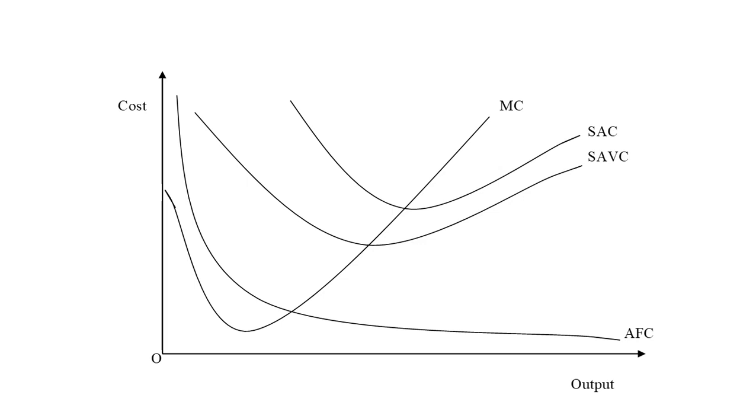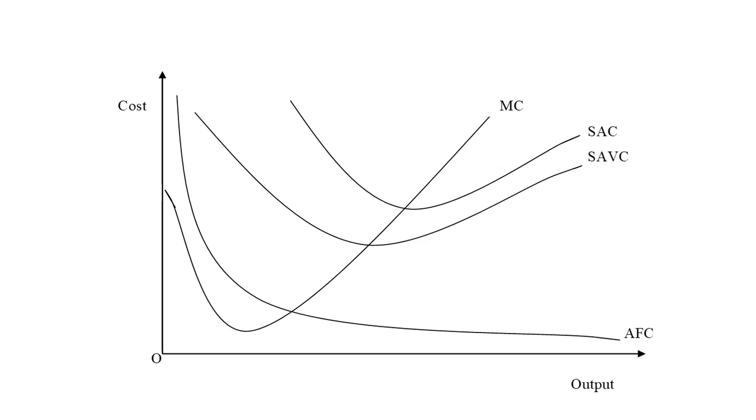It is important to take note of how these graphs should be drawn. The first point is that the marginal cost cuts the average cost curve. That's the first curve from the top. The marginal cost cuts it at the minimum point of the short run average cost.